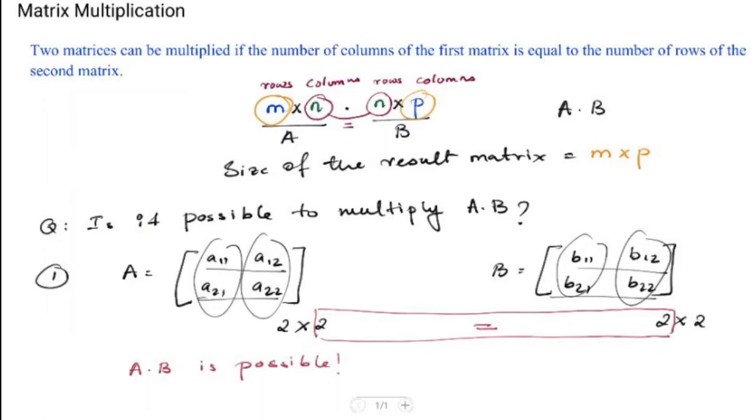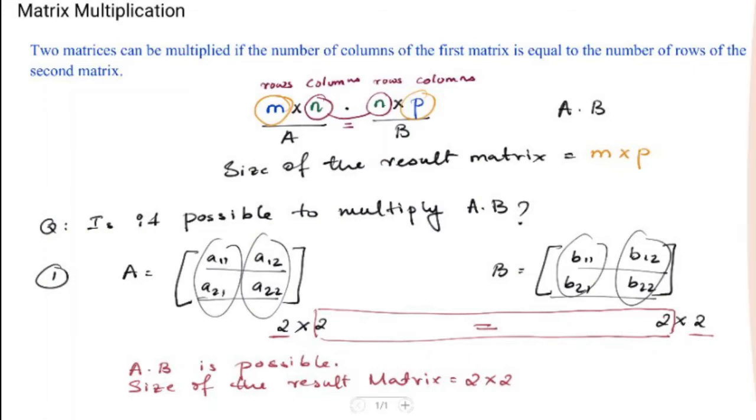And what would be the size of the result matrix? That would be the rows of matrix A times the columns of matrix B. So that's 2 times 2, the size of the result matrix here.